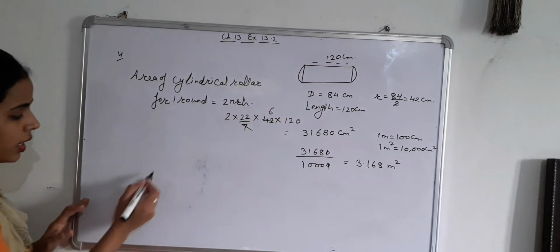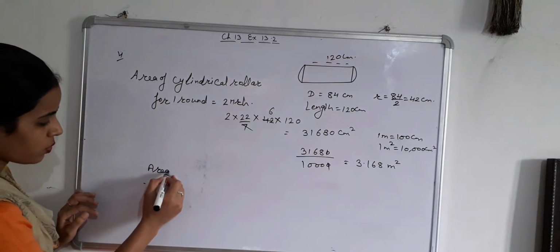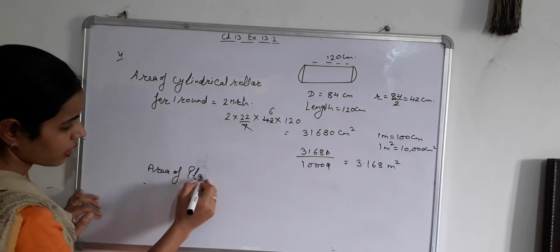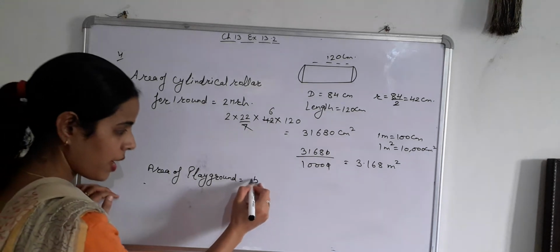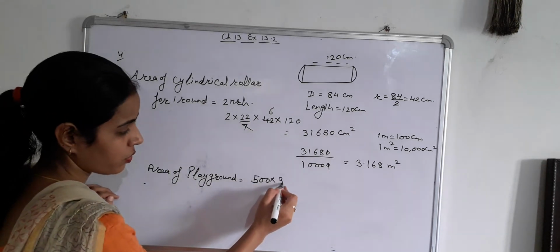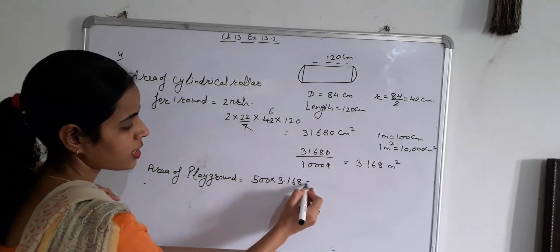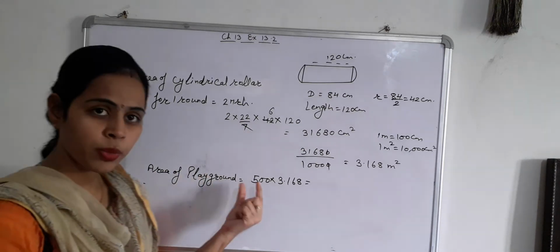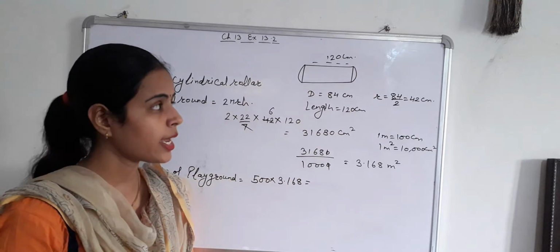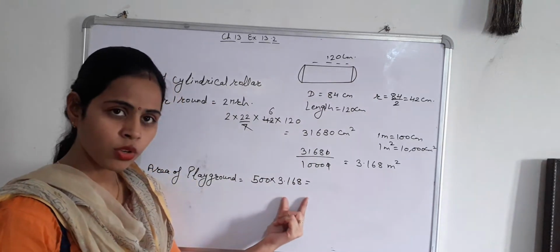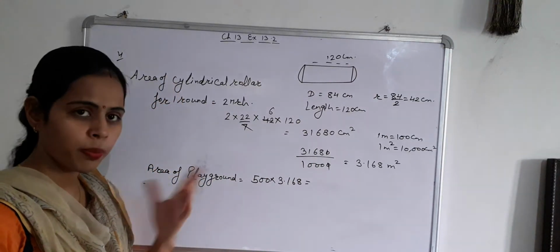Now we have to find out the complete area of the playground, and this roller completes 500 revolutions. So area of playground equals 500 into 3.168, because the roller takes 500 revolutions. So area covered in 500 revolutions equals area of playground.